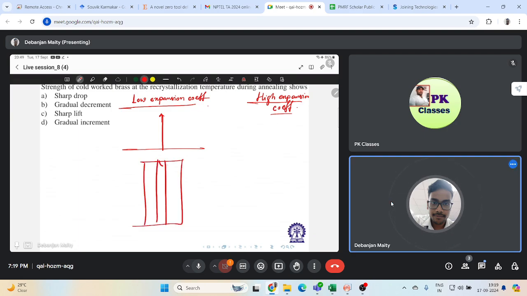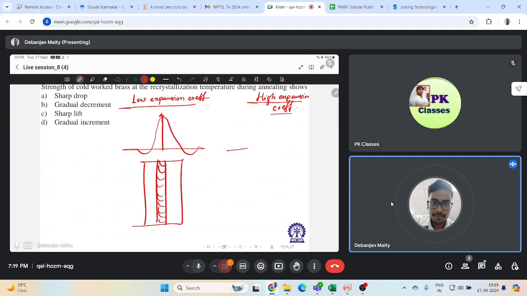Here I have done welding in the middle. Right? So whatever stress I will show as of now, in the middle I will have tensile residual stress, and away from the weld center line I will have compressive residual stress. As simple as that. So for low expansion coefficient metals, I will have something like this.